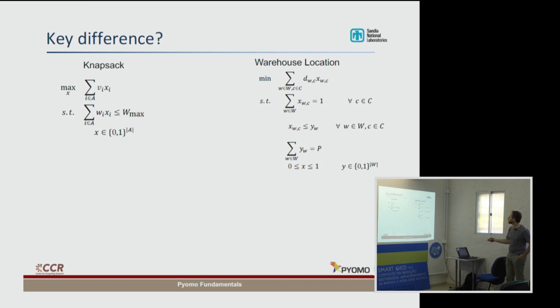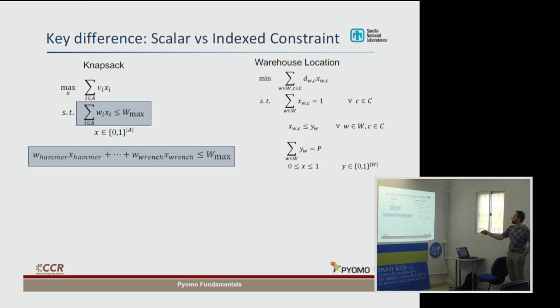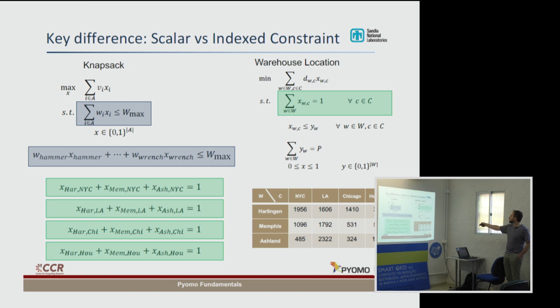Remember? There, the constraint was just one constraint, only one sum, and it had to be smaller than W. Here we have a much more complicated constraint, because we actually have 4 constraints.